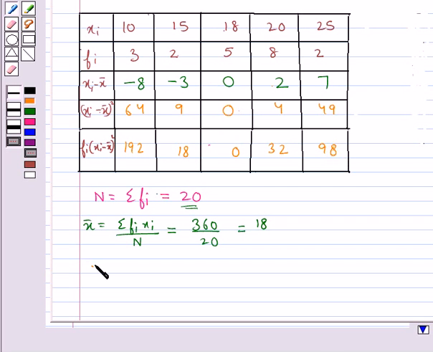The variance sigma square is equal to 1 upon n, that is 1 upon 20 multiplied by summation fi into xi minus x bar the whole square, that is the sum of these values, which is 340. So sigma square, that is the variance, is equal to 17. Then the standard deviation sigma is equal to the square root of the variance, that is square root of 17, which is equal to 4.123.